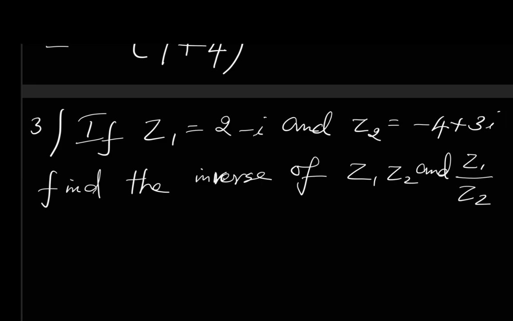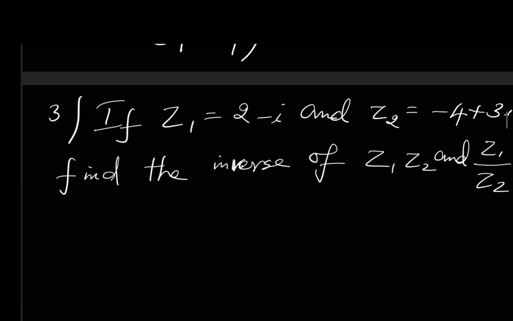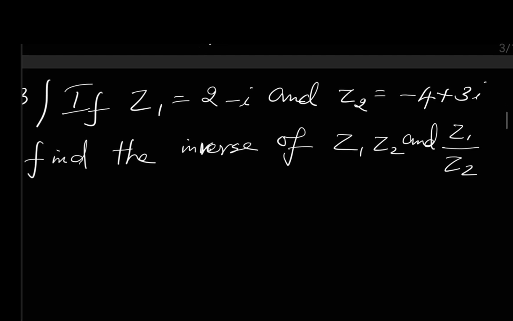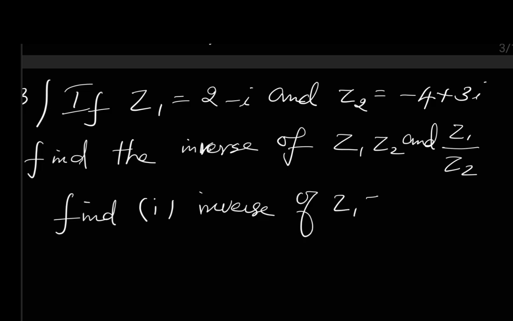If z1 is 2 minus i and z2 is minus 4 plus 3i, find the inverse of z1 z2 and z1 by z2. So what do you mean by inverse? You have to find first one, inverse of z1 z2 is 1 by z1 z2.